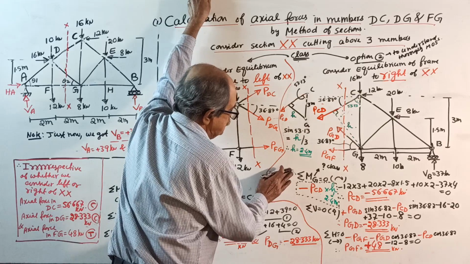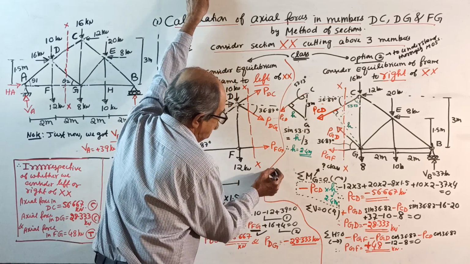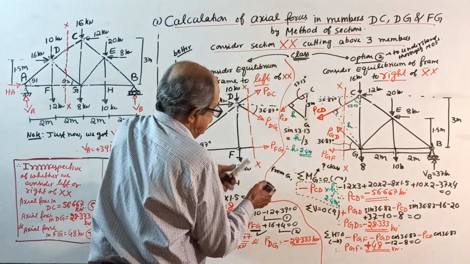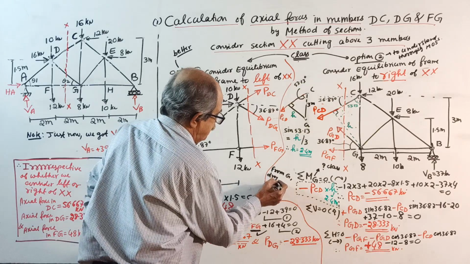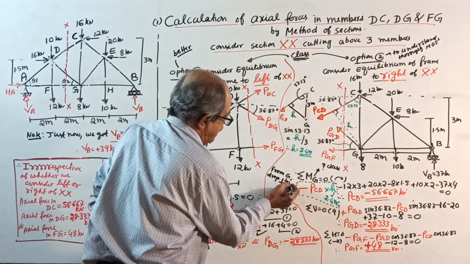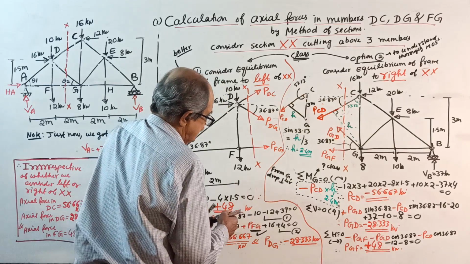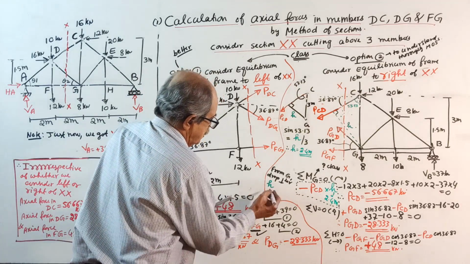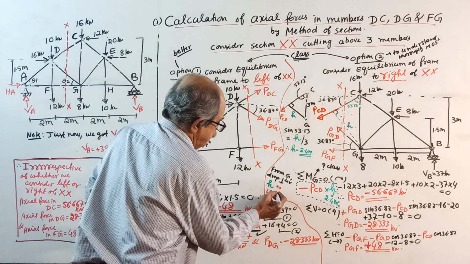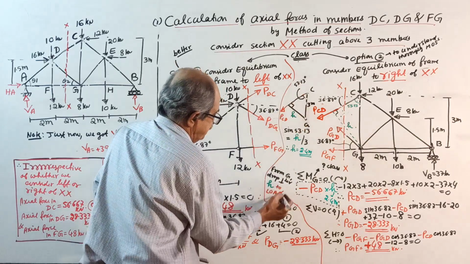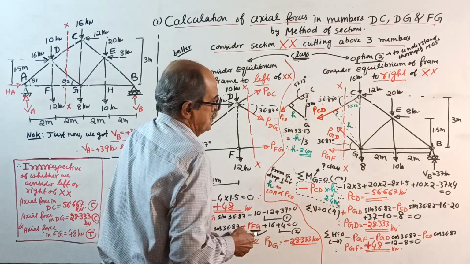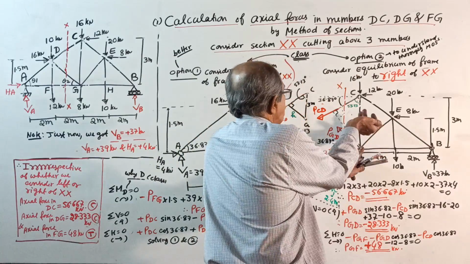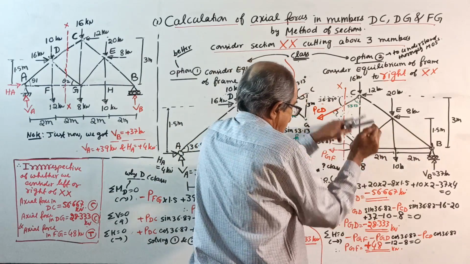Once you decide moment about G, from G you drop the perpendicular H, in green color, to the line of action of PCD. Now take moment. So moment about G is minus PCD into H. H is already known.